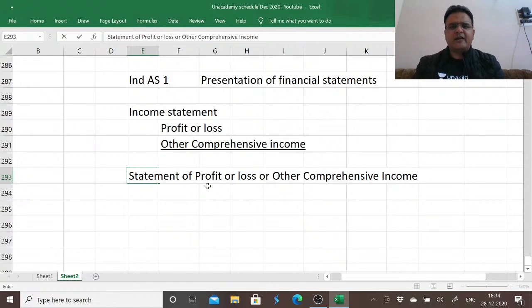If an entity was using two statements, they were naming it differently. If they were presenting a single statement, they were calling it statement of comprehensive income, which was covering both. So that confusion is eliminated at the global level by naming it as statement of profit or loss and other comprehensive income if someone is presenting it in a single statement. So we'll be presenting the items of other comprehensive income in a single statement.